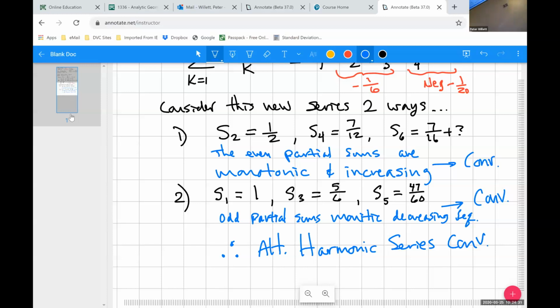But we know that it's bounded above by 1 and it's bounded below by 1/2. And since the odd and the even partial sums both converge to a value and they're part of the same sequence, they must converge to the same value.